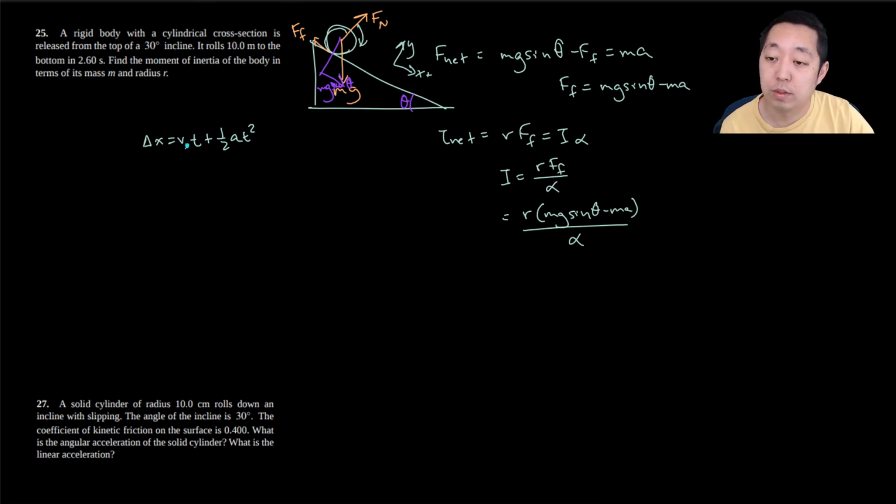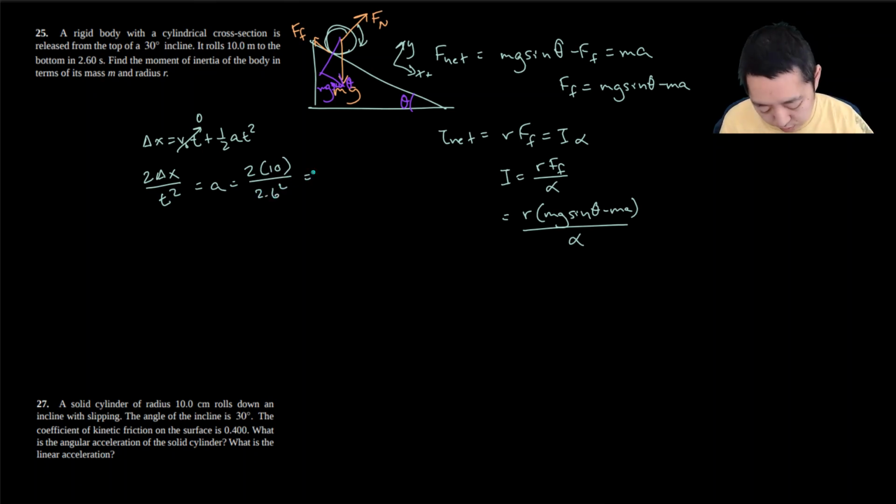So v naught is 0 in this case, because it starts from rest. So I have 2 delta x over t squared is equal to a. And that's 2 times 10 divided by 2.6 squared. I get 2.96 meters per second squared. So that's a.